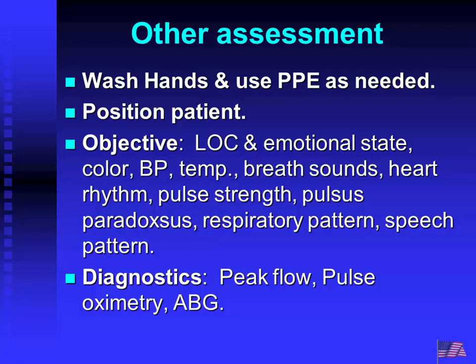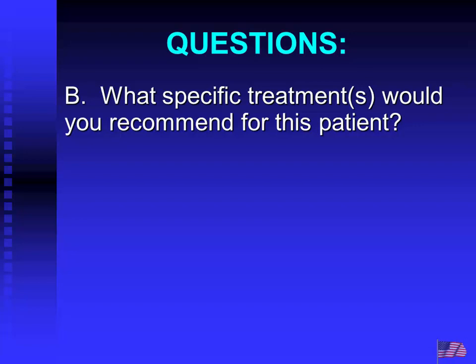Respiratory rate, respiratory pattern, and also if they're speaking in short 3-word sentences, that's indicative of some severe respiratory distress. And we mentioned at least getting a peak flow, perhaps a pulse oximetry reading, and then not necessarily getting a blood gas, but if there's any of that data available to us.